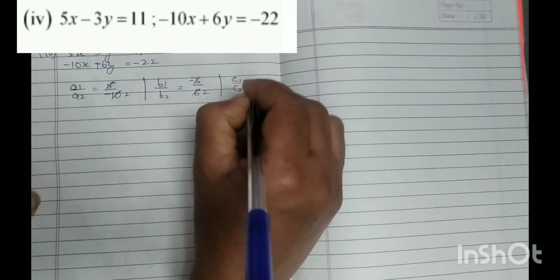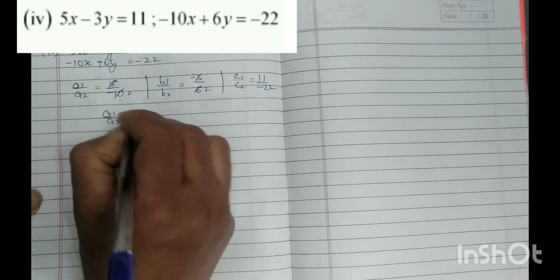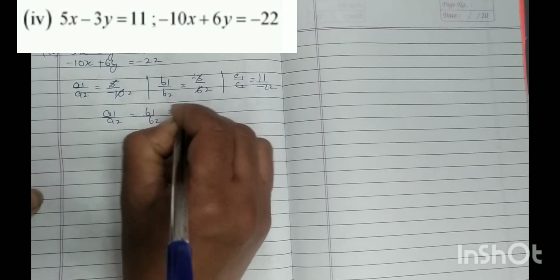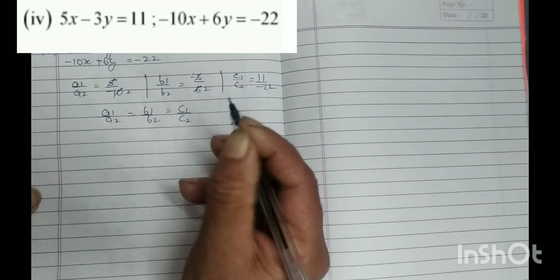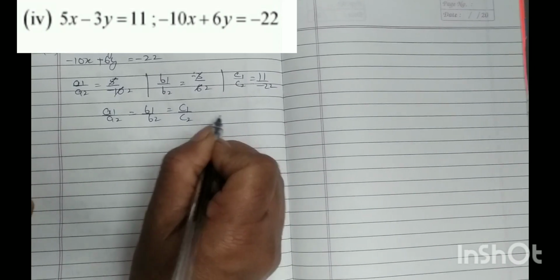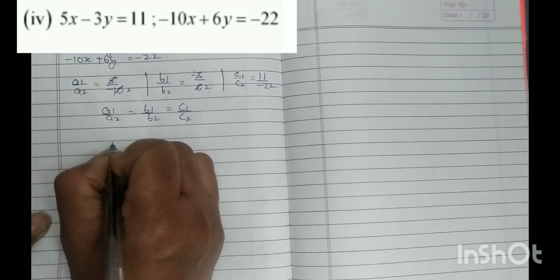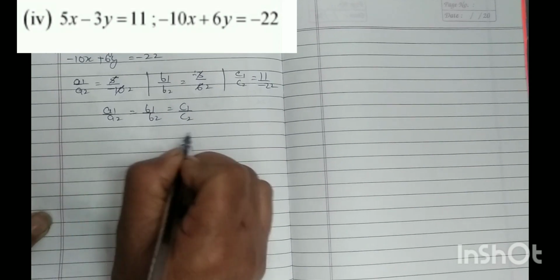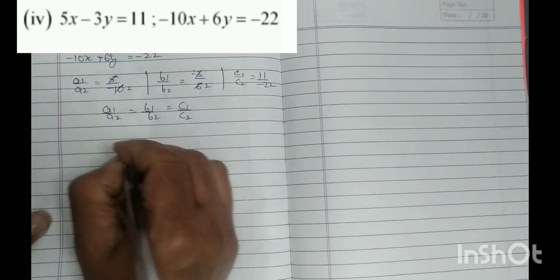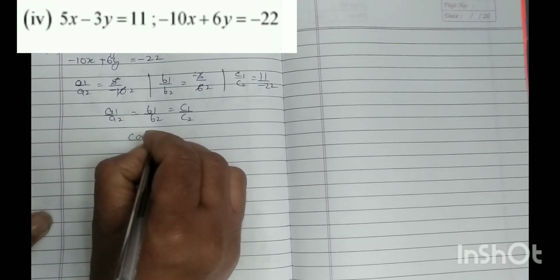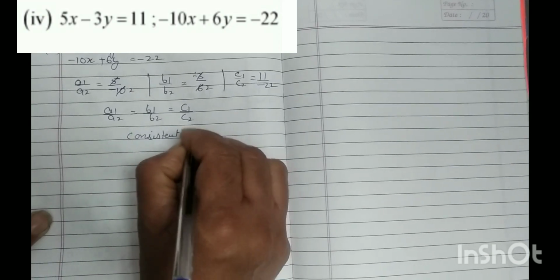C1 upon C2 equals 11 upon minus 22. A1 upon A2 equals B1 upon B2 equals C1 upon C2. Because they are equal, they have infinite solutions. So this is a consistent equation.